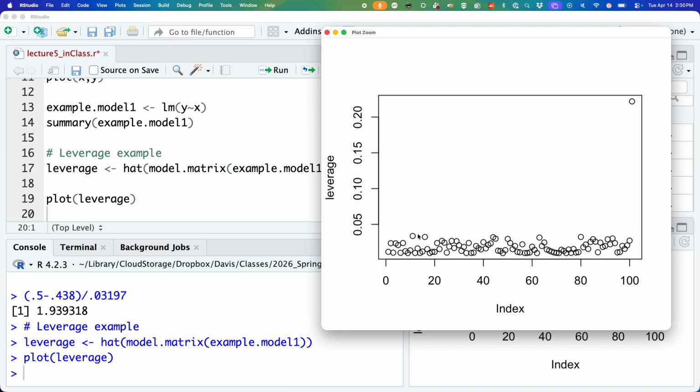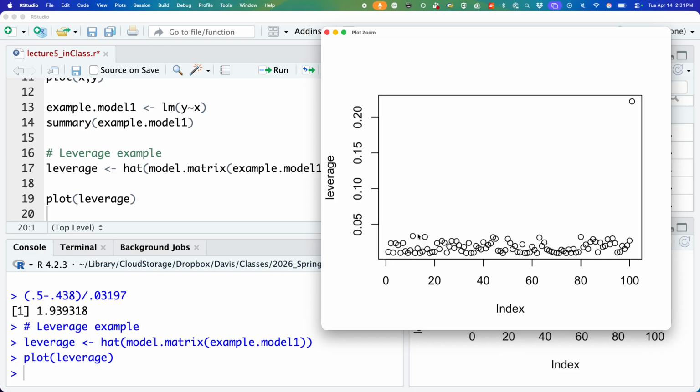And so I've made it really obvious that you have this particular point that has a lot of leverage in this example, and that's a very distinct point from the rest. You may choose some kind of cutoff.